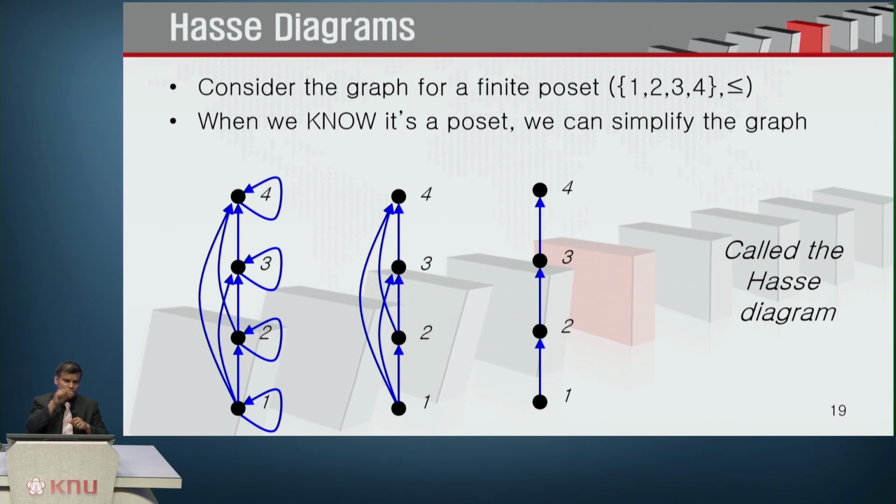When I say loops, 1, 2, 3, 4 has a loop in it, and the second part you are removing the cycles it creates, and the third part you are removing the arrows, and this is called the Hasse diagram. We are simplifying this whole graph.